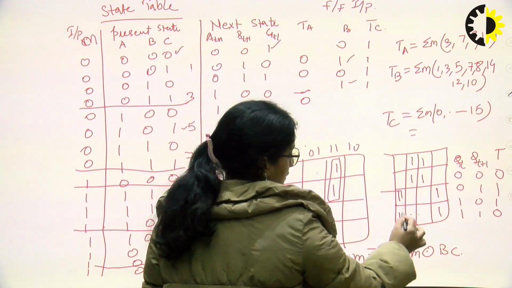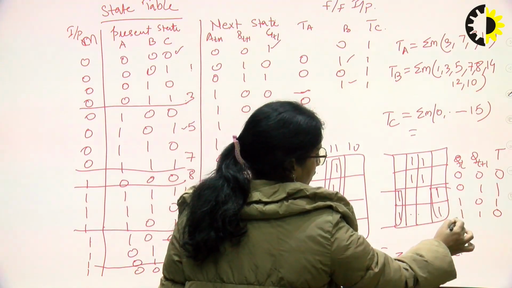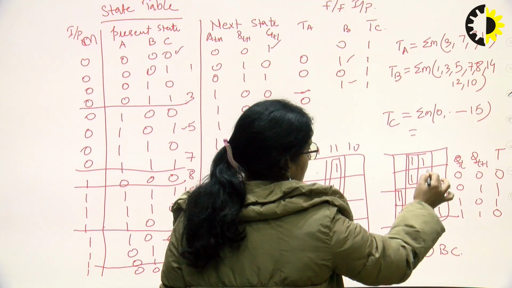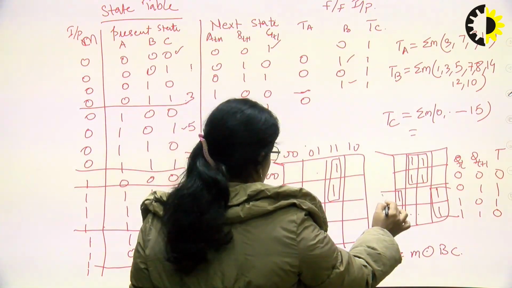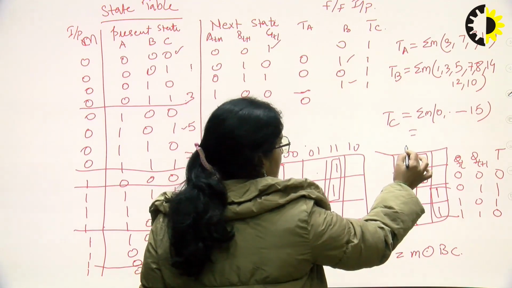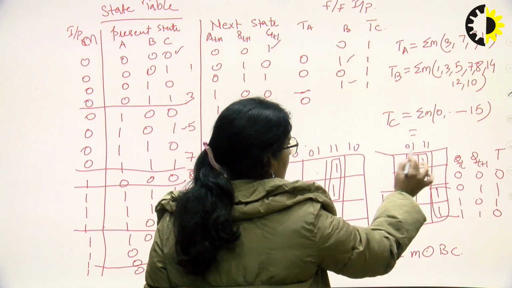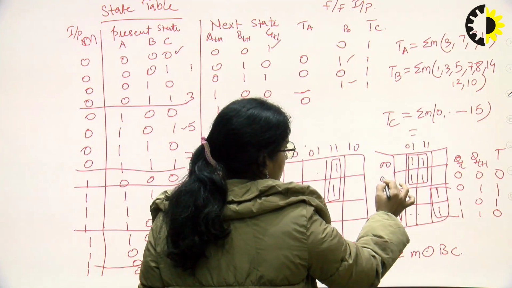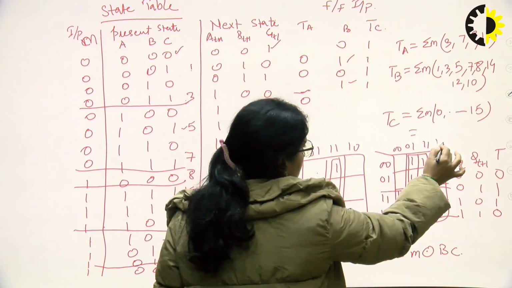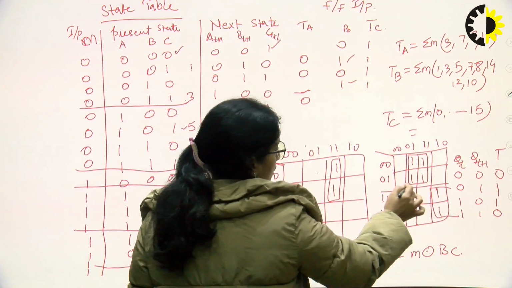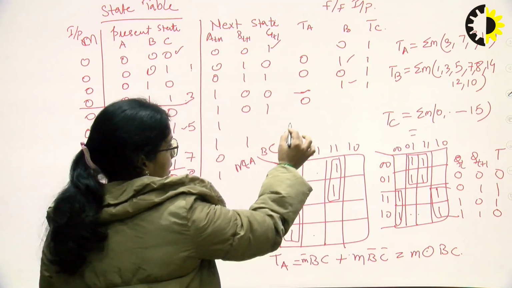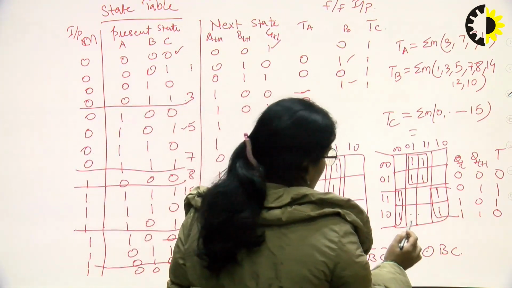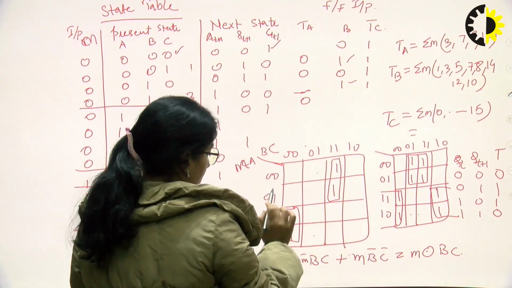So when we solve this, these are 2 quad and this is 1 quad. So from this quad, it is 1, 1, 1, 0. It is 0, 1, 1, 1, 0, 0, 0, 1, 0, 0, 1, 0. So when you solve this quad, the equation for TB, we will write equation for TB.